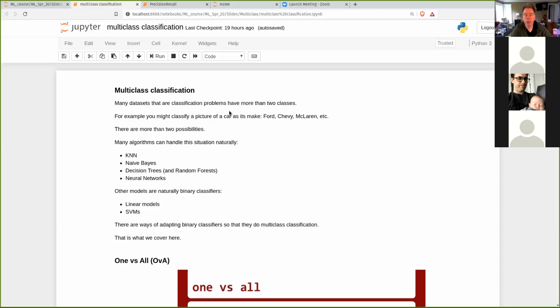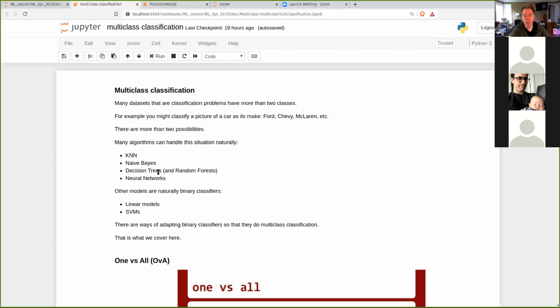When you guys did project one, a lot of people picked data sets that were non-binary classification. There's a lot of that out there. Some algorithms do it naturally. In last class when we studied k nearest neighbors, if you take the mode of the k nearest neighbors, then that automatically is a multi-class classifier, so it doesn't require any extra work.